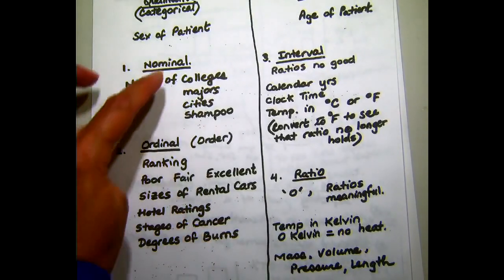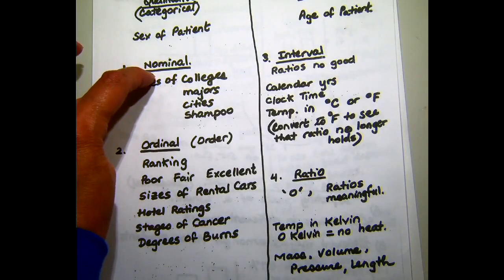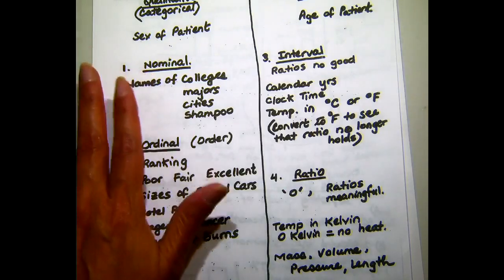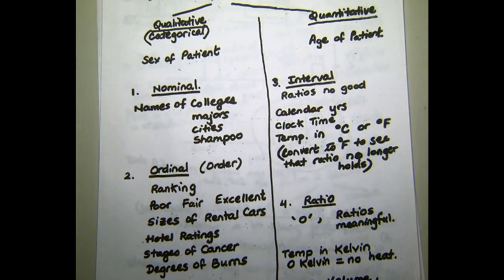Ordinal is slightly more sophisticated than nominal, but not a whole lot, and it still belongs to categorical variables. An ordinal variable would be a variable that can be placed in some kind of order, like an alphabetical listing. Ranking would be ordinal scale.